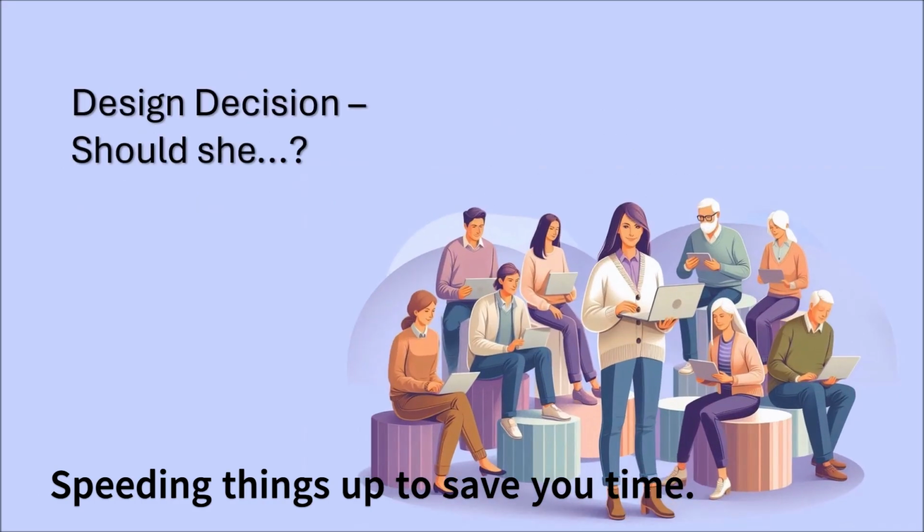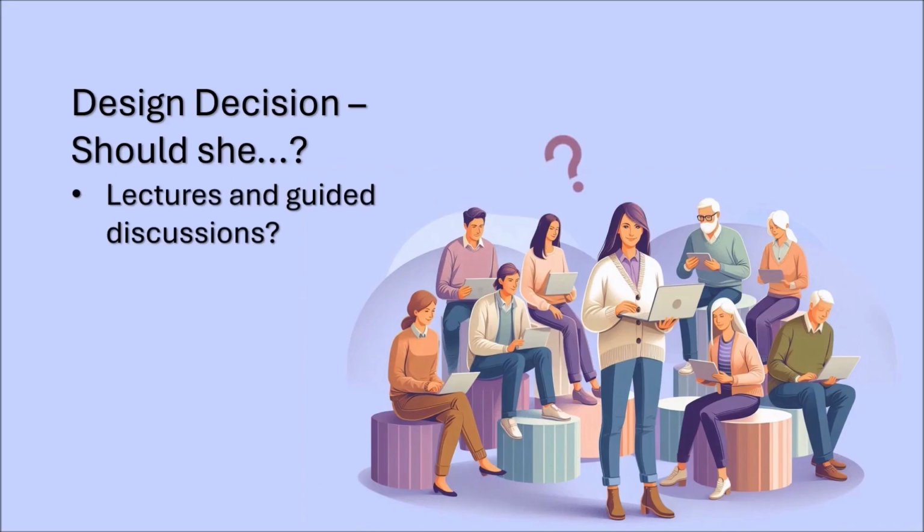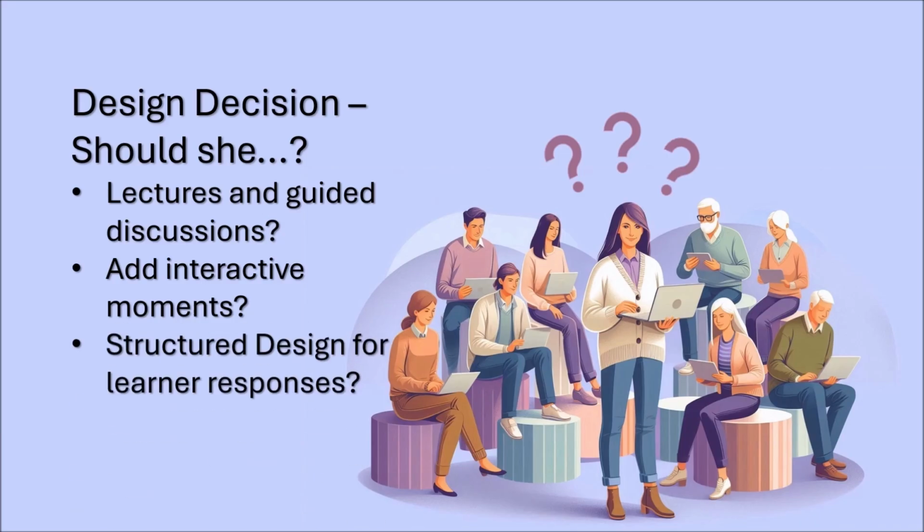How should Alex begin designing learning activities for this mixed cohort? Should she rely mainly on lectures and guided discussions, adjusting her delivery for online students? Should she add short interactive moments to lectures without changing the overall structure? Should she consider a structured way to design learner responses that can work online and in class?